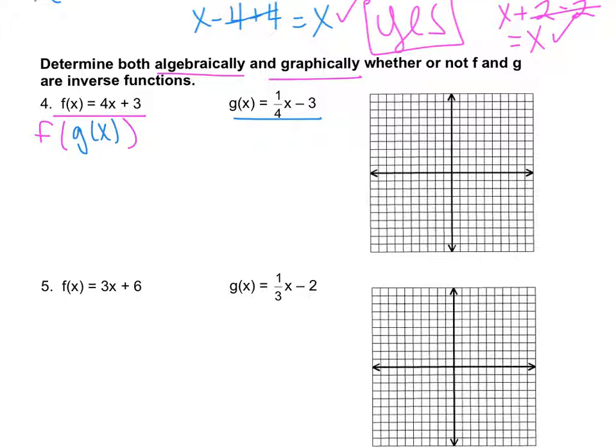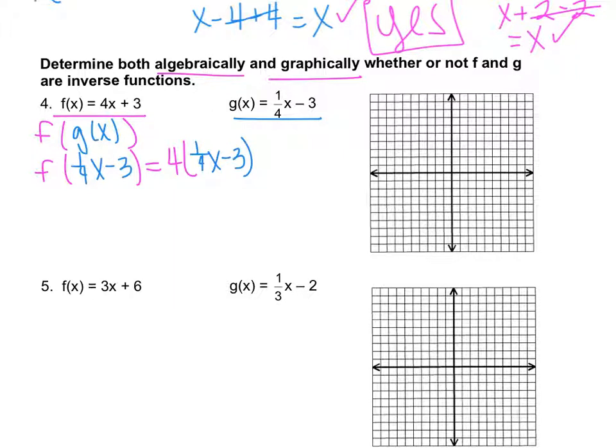So my input would be g of x, which is 1/4 x minus 3. So I'm going to replace x with 1/4 x minus 3 into function f. So 4 parentheses in place of x, 1/4 x minus 3.